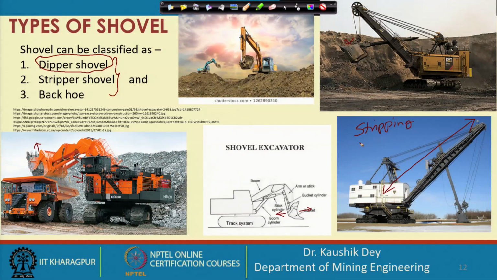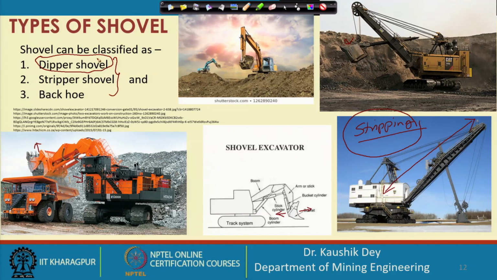What is the meaning of stripping purpose? Stripping means directly taking the blasted rock mass and dumping that rock mass to the overburden dump. So, basically these shovels are utilized for the stripping purpose, and that is why this is called a stripping shovel.